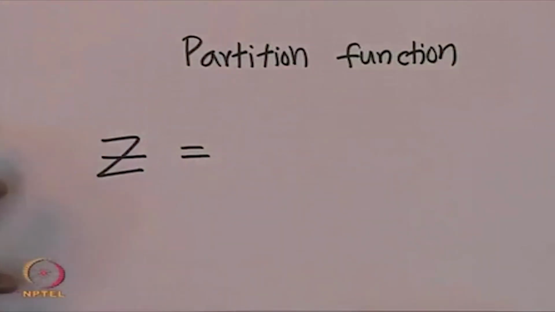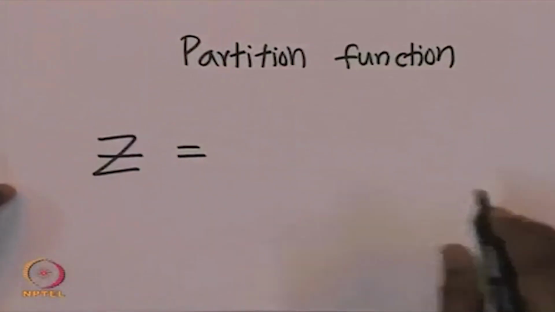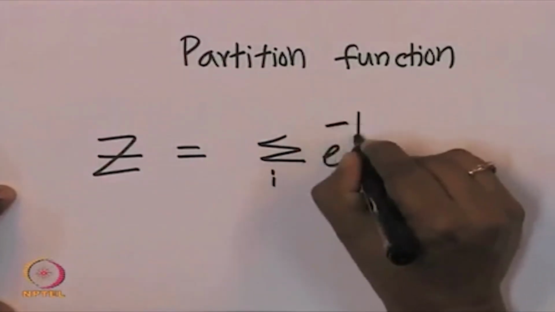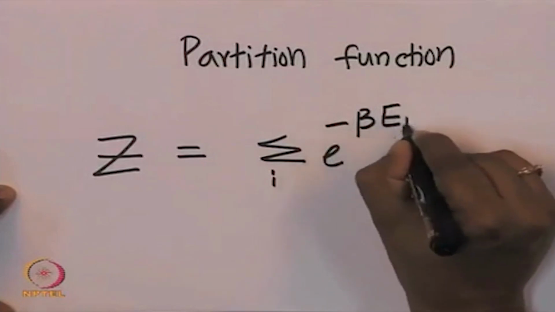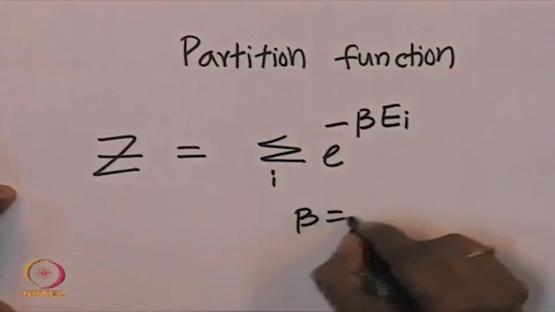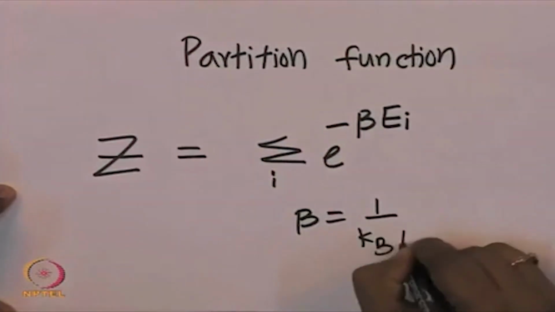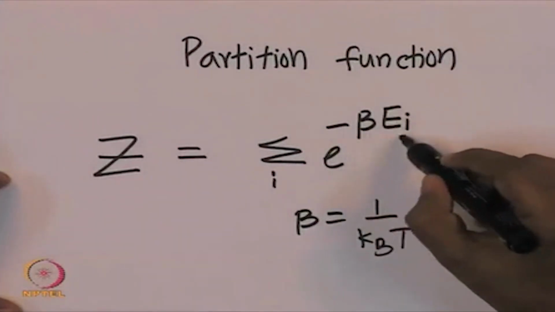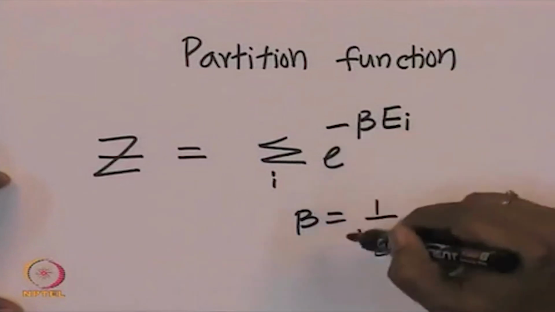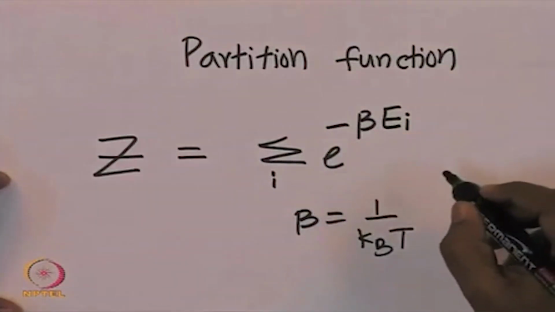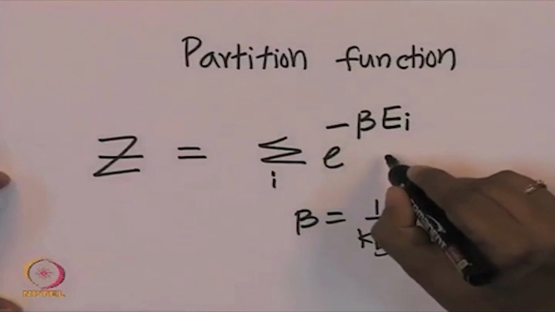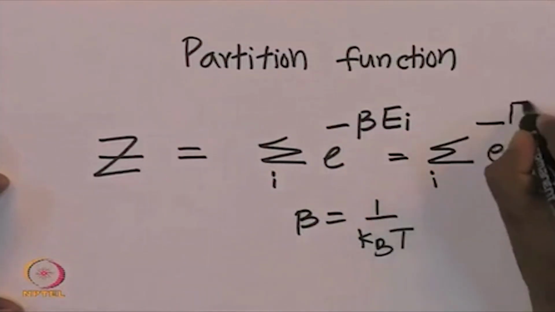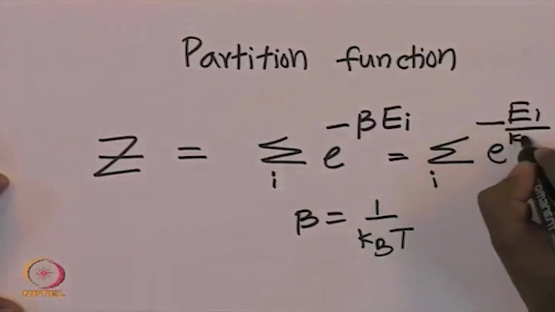The definition of the partition function is that it is the sum over all states of the exponential of the energy multiplied by beta, where beta is 1 over kBT. This is the same as the sum over i of e power minus Ei by kBT.